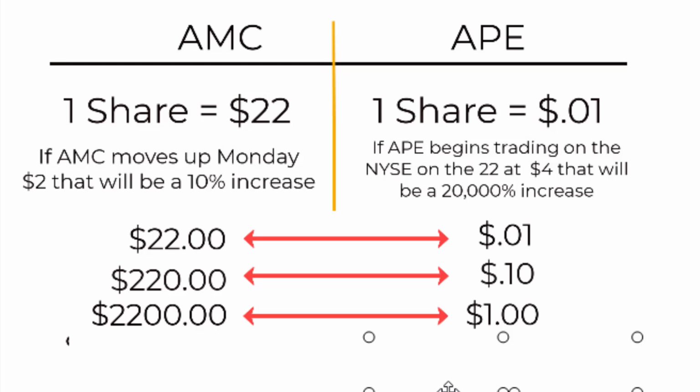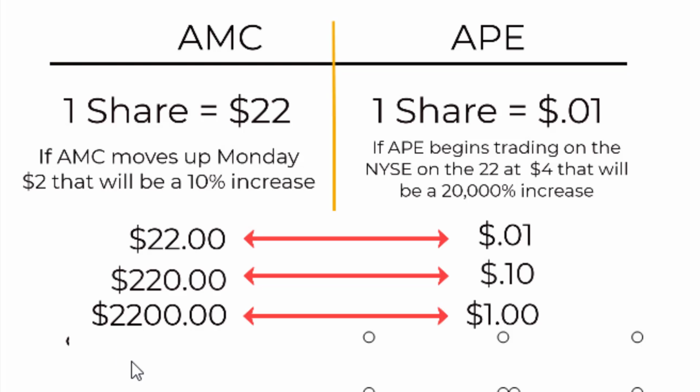Do you understand that? You just move your decimal point. From $22 to $220 to $2,200. If AMC was to make that jump, it would be the same thing as your APE stock going from 1 cent to 10 cents to $1.